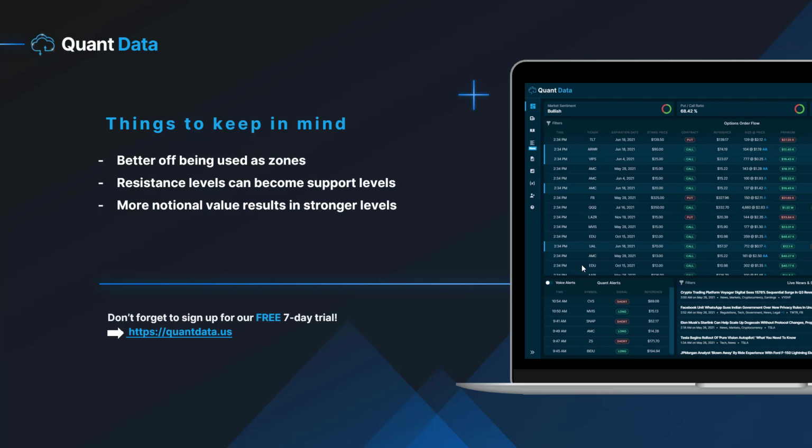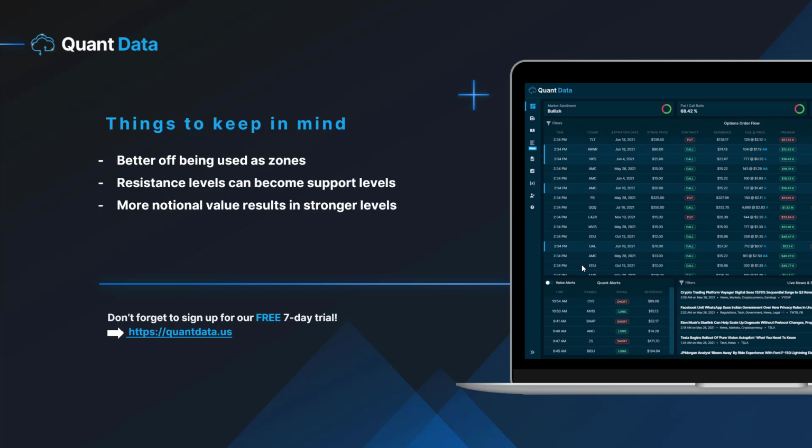The third thing is that the more notional value you have at a particular level, the stronger that level becomes. This is a point that I've stressed several times throughout this video: if we have $100 million traded at a particular level on SPY, that level is not going to be as strong as a level that has $25 billion traded at it.